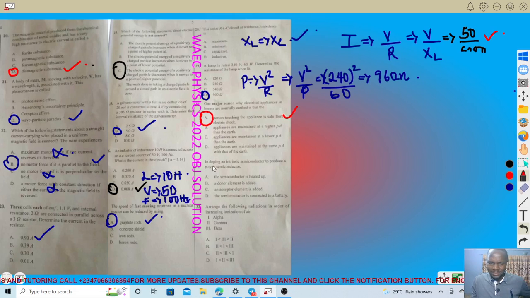The next one: in doping of an intrinsic semiconductor to produce a p-type. Doping is addition of impurity. Semiconductor part 2, physics channel, you can watch it. Now, when you add impurities, it's either you have p type or n type. If you add group 3 or trivalent, the way it is being called, that is p type.